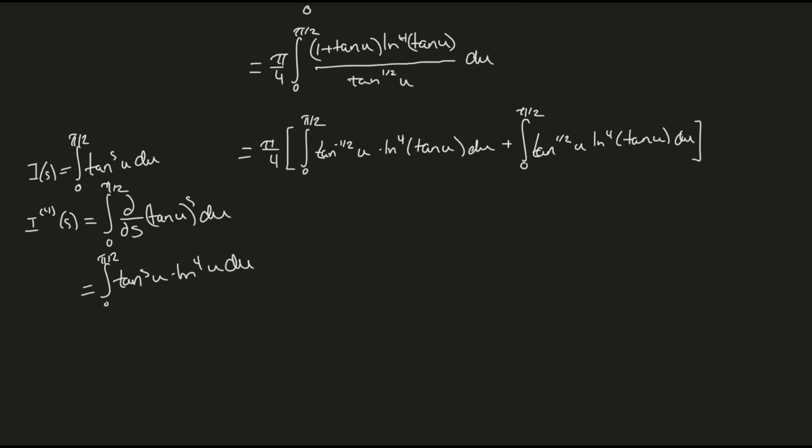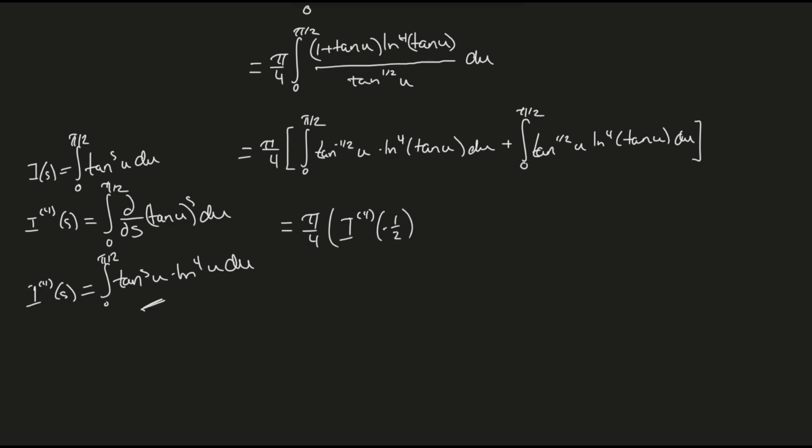And now you can probably see the connection between what I'm doing right now and what we have. You'll notice that this is still the fourth derivative of I of s. And notice that here we have pi by 4 times this integral is just the fourth derivative of I evaluated at s is equal to -1/2.